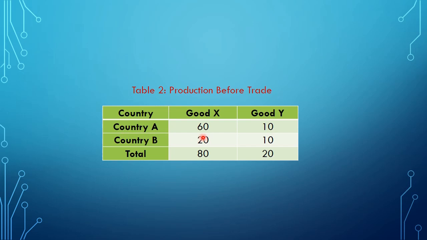Okay, so the same thing as country B. If country B wants to produce good X and at the same time wants to produce good Y, it cannot produce as many as in the number of production in table 1, right?